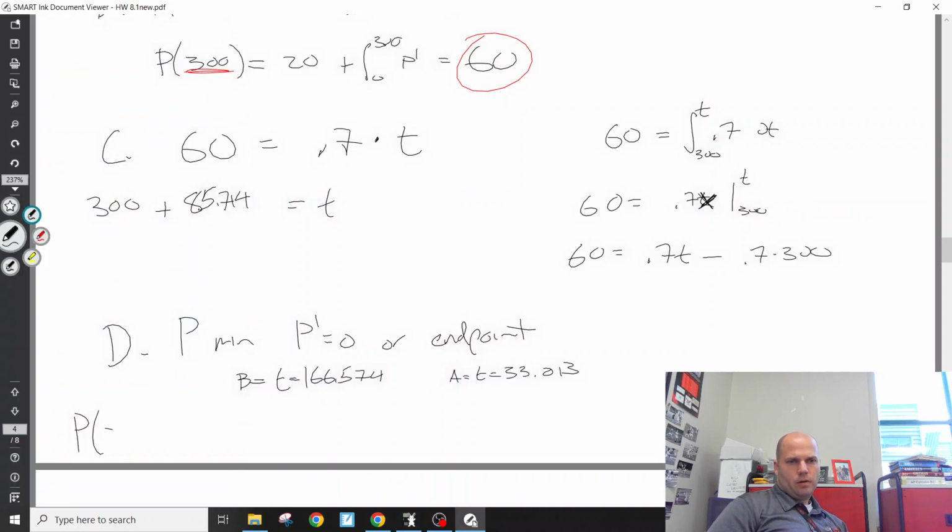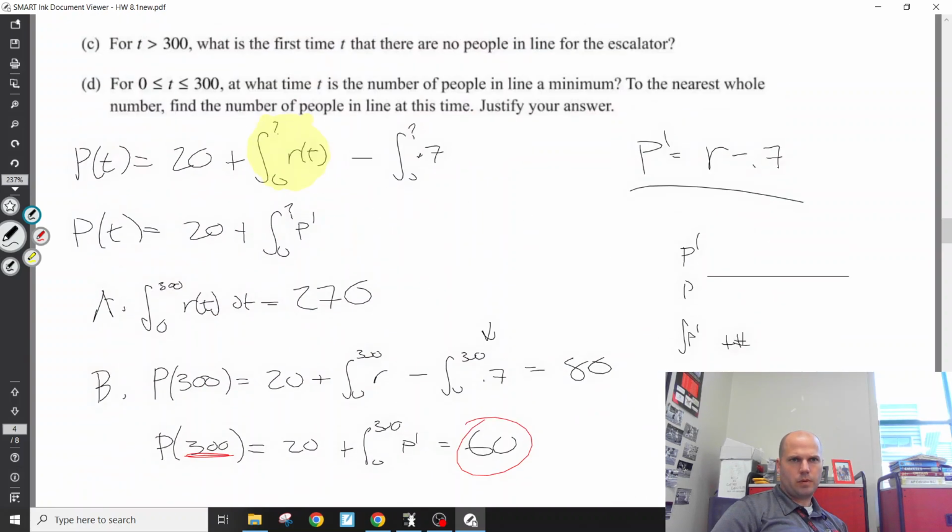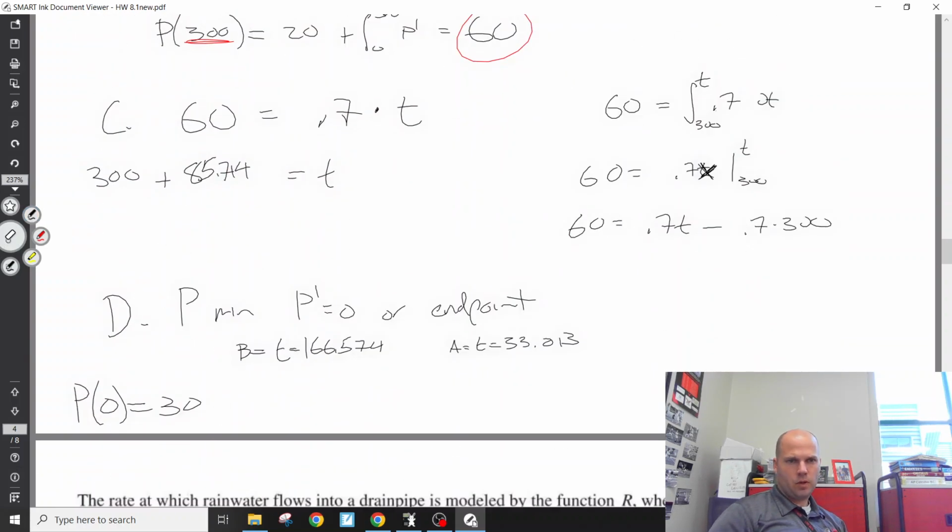P of 0 is 30, right? 30 people in line? 20 people in line. I keep saying it's 30. 20 people in line.